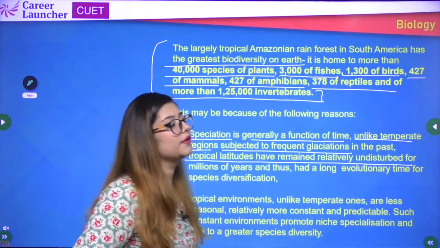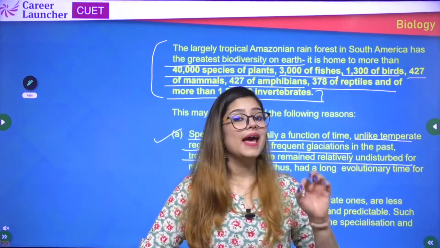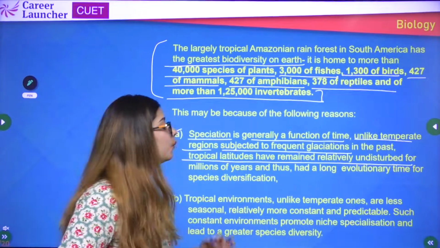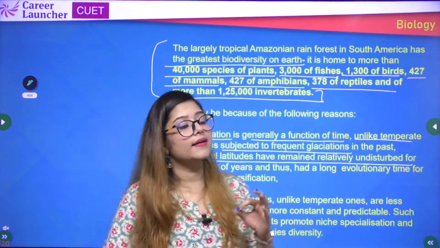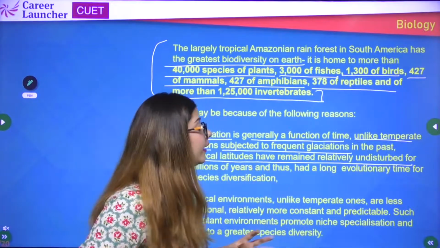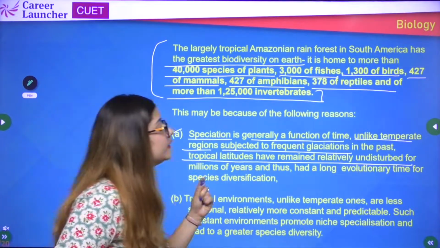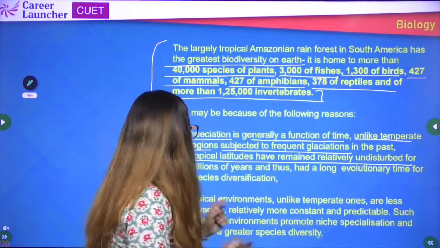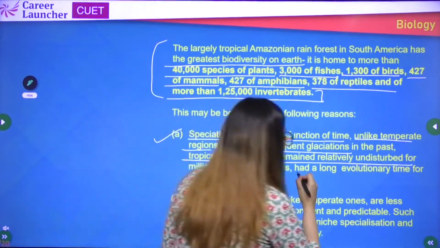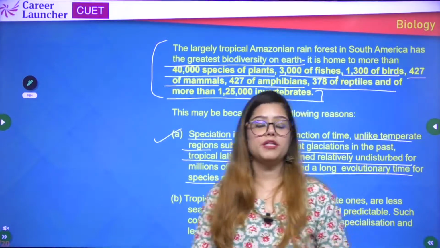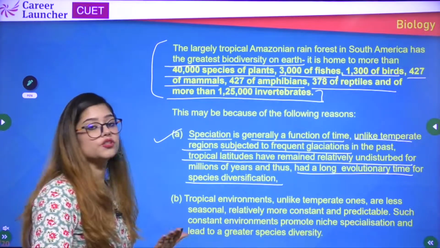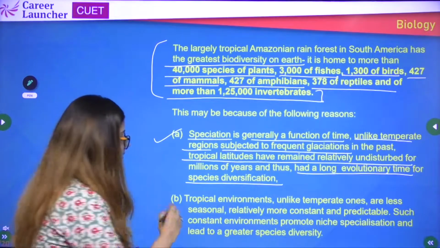So the temperate regions and polar regions are subjected to frequent glaciations. If we talk about tropical regions, relatively they have remained undisturbed, right, for millions of years, and that has led to, or that has given a long evolutionary time for species diversification, right? So one reason is this.